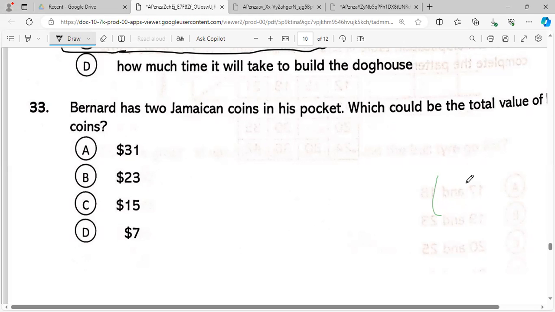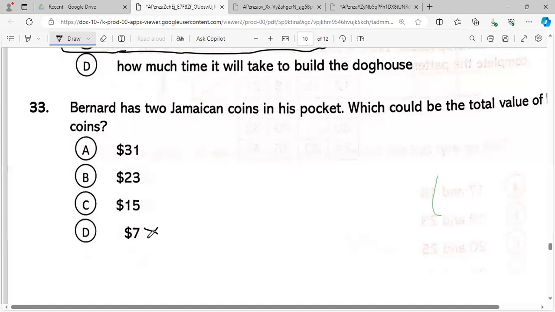Bernard has two coins in his pocket. Which could be the total value of the coins? So, sir, it couldn't be 7, because you'd need some dollar coins, like a $5 coin and two more, or 7 $1 coins. So that couldn't be it.